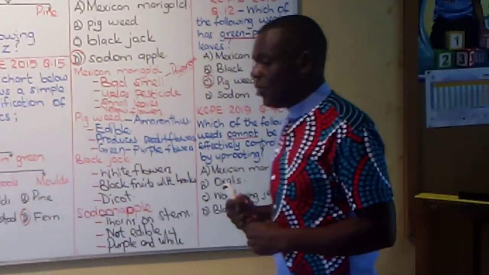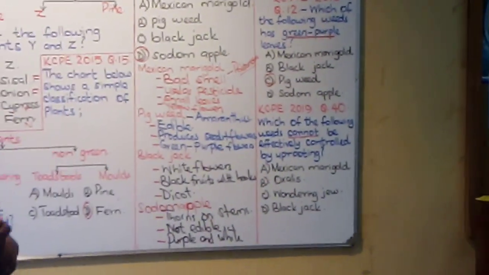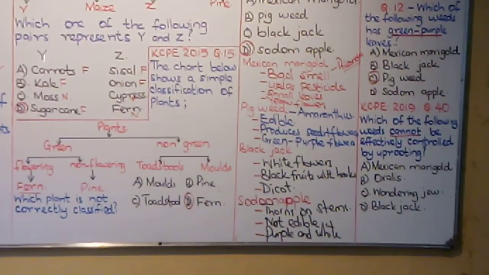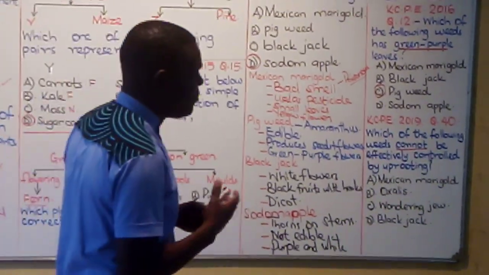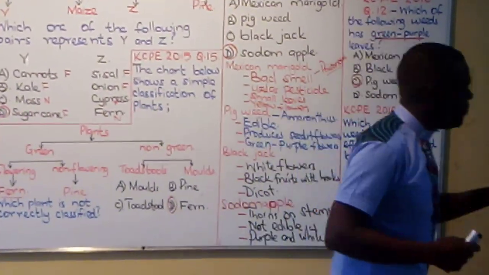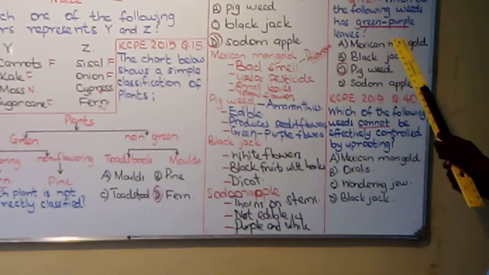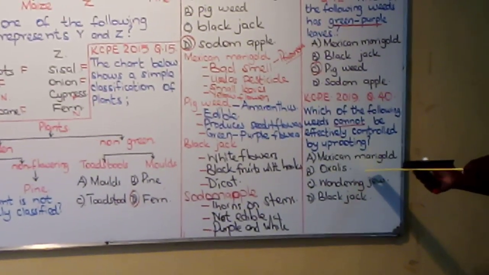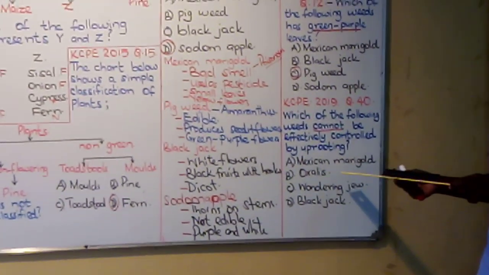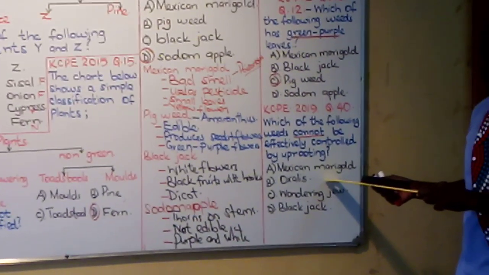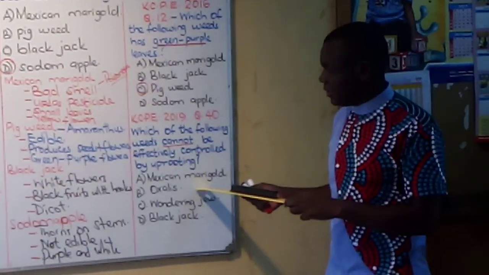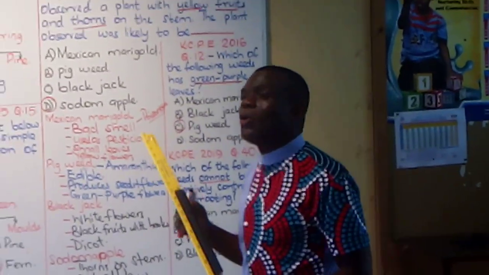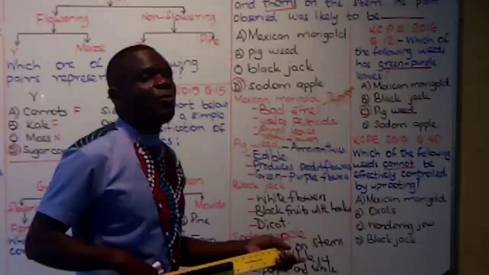And you tell me why we can't control it by uprooting. I'm not unfair, boys, because I gave girls this one, then I have given you this one. Can I give you room to go and do research and give me the answer tomorrow? Yes, I've given you homework. Go and do research on the methods of controlling weeds.